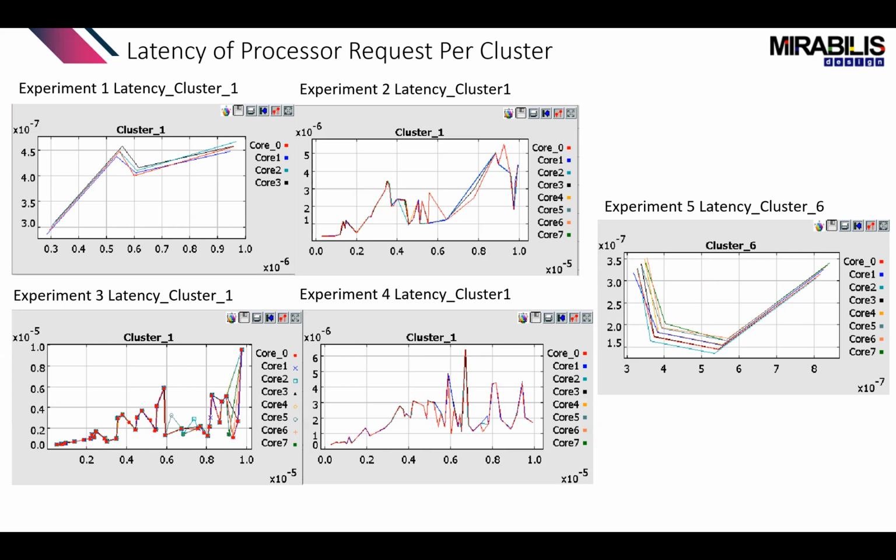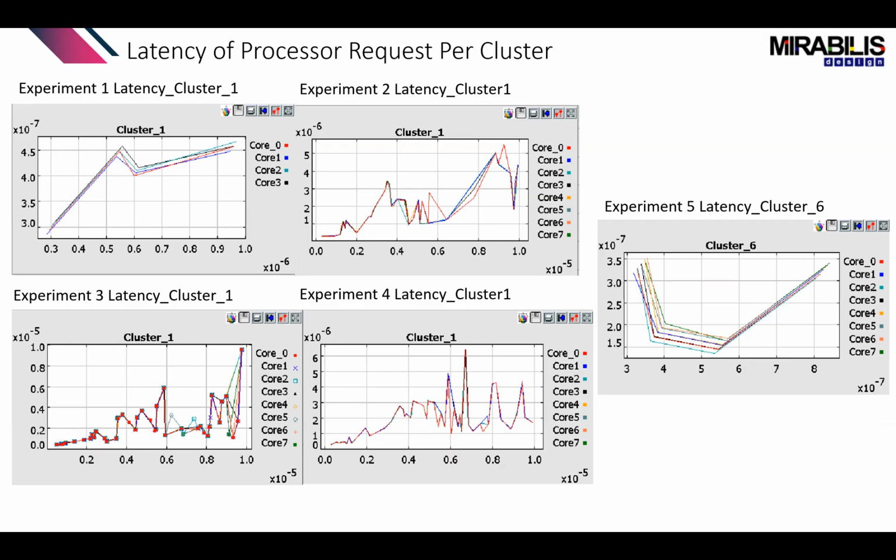Experiment 5 is interesting because not only is it increasing, it's increasing very rapidly in a linear fashion, which indicates that it's not an acceptable solution. Experiment 4 you can say is acceptable to a certain extent, except that once in a while you have these spikes, but otherwise it's in a fairly good range.